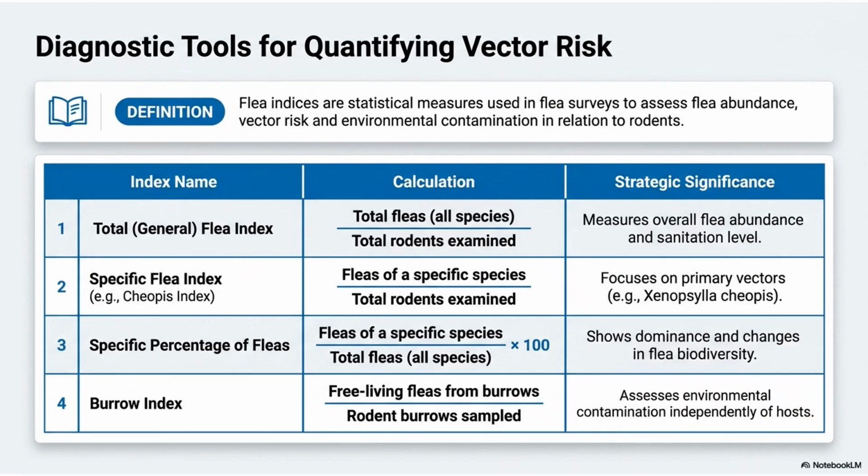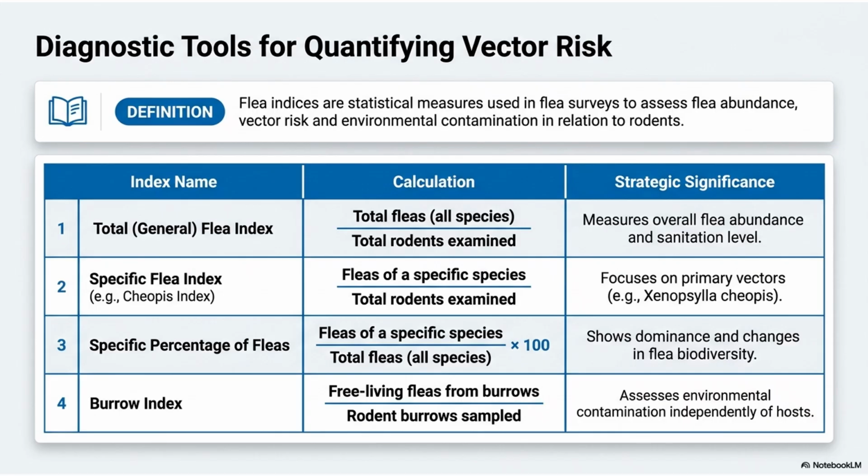The second one is the specific flea index. As we discussed, there are different species of fleas. Here we can calculate the specific flea index for all the species, and the most important species among these fleas is Xenopsylla cheopis, which transmits plague. So the specific flea index is the average number of fleas of each species found per rodent.